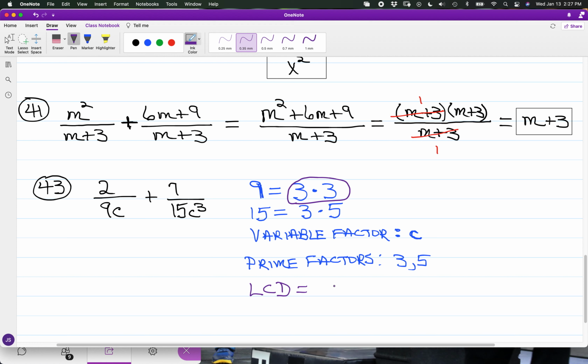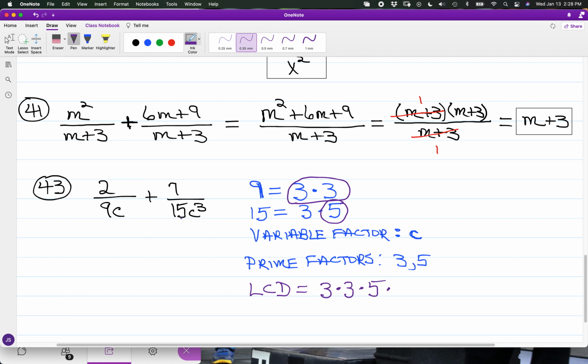So you're looking at the highest degree, the greatest number of appearances of each of the prime factors. In this case 3 appears twice, and 5 appears 1 time.